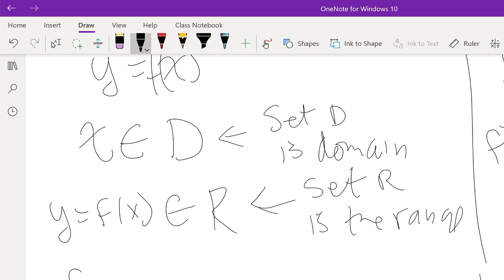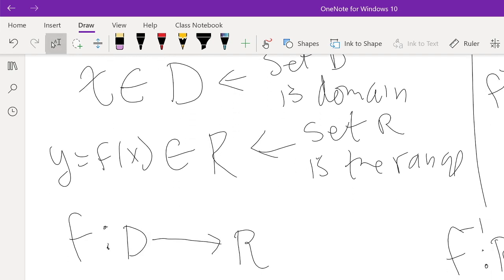Okay, now some properties of the inverse.